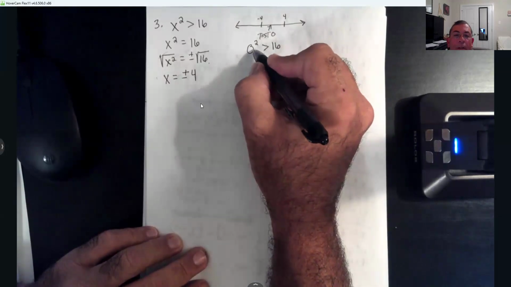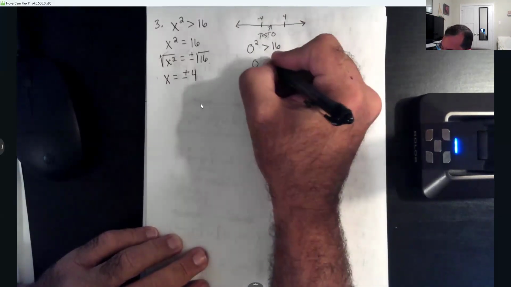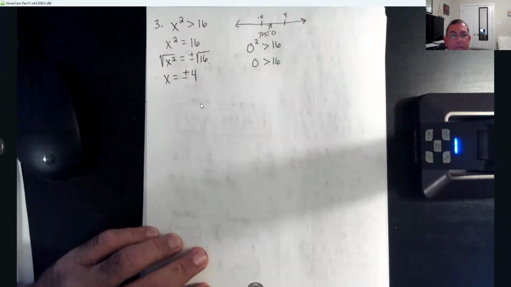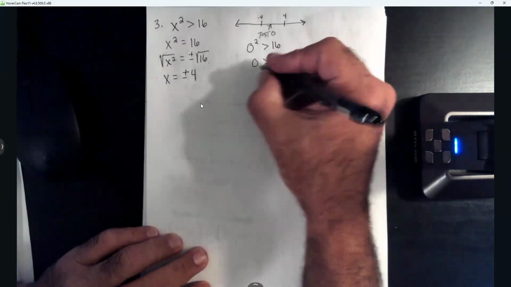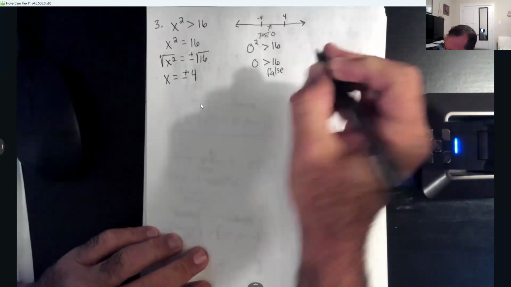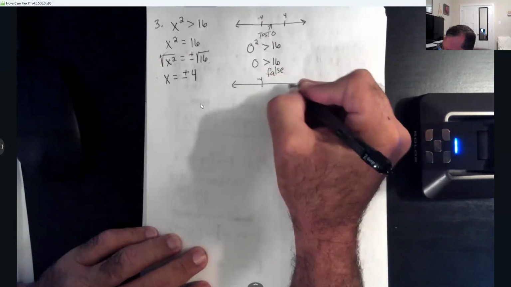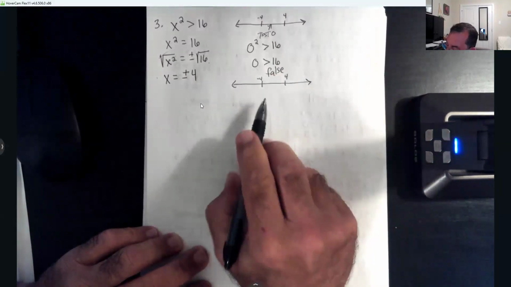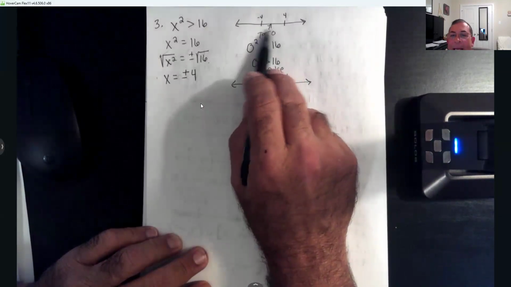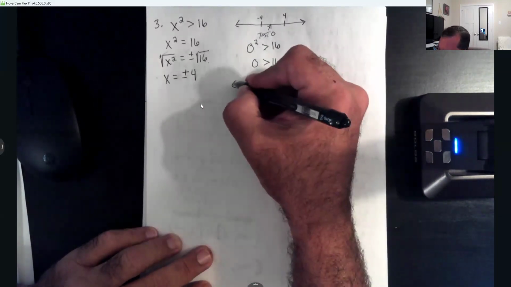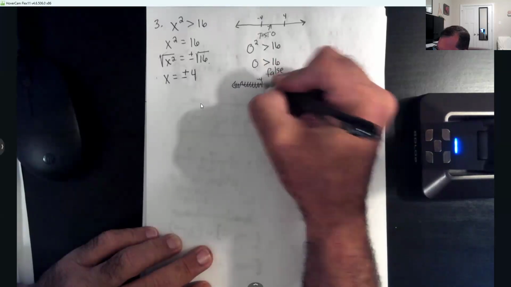Well, y'all, 0 squared, 0 times 0 is 0 greater than 16. True or false? False. And that is definitely false. So remember, since that's false, and that 0 is in the middle, I can't shade where the 0 is located, which means I got to shade these outside edges.